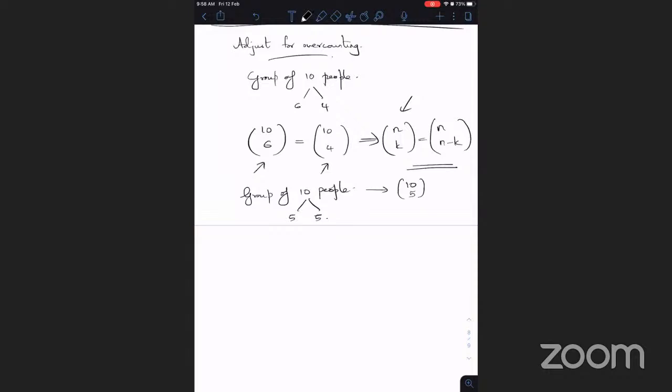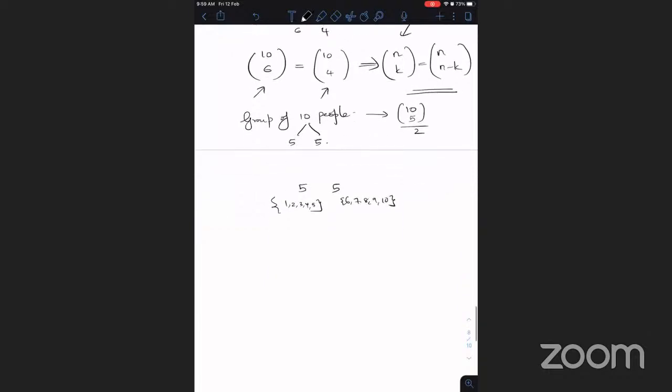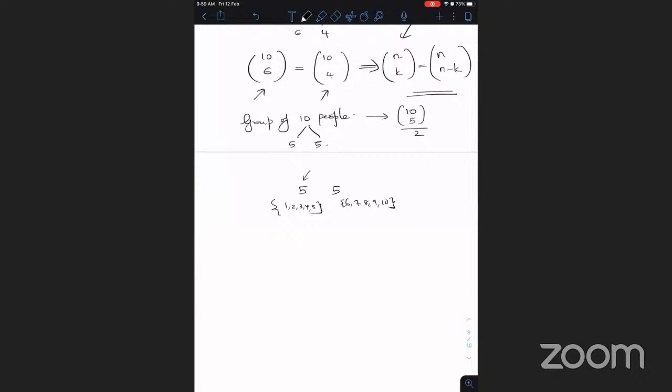Oh, you're close. It's not 2 times. It's divided by 2 because you are overcounting again. So when you fix 5 people, let's say this is 1, 2, 3, 4, 5, and this is 6, 7, 8, 9, 10. When you pick these 5 people, when you do 10 choose 5, this is a possible outcome that you can have.